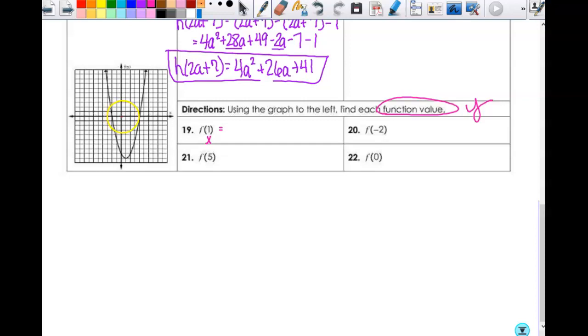When x is 1, y is what? Negative 9. Function values is always asking you for the y or the dependent variable part of that. So y'all fill in these three here while I hand out the assignment. Here, 0, 6, and negative 8. Yes? Okay, awesome.